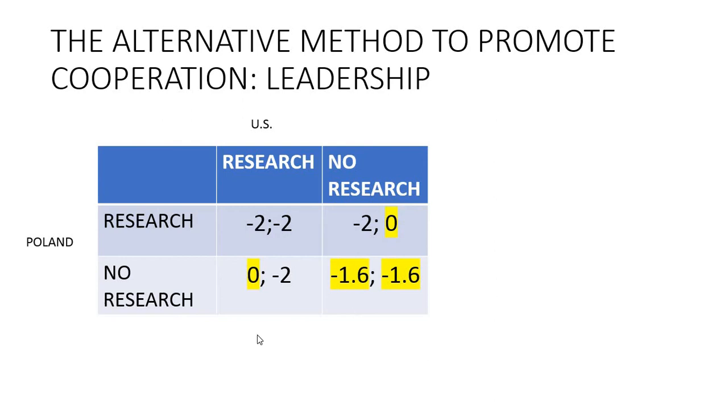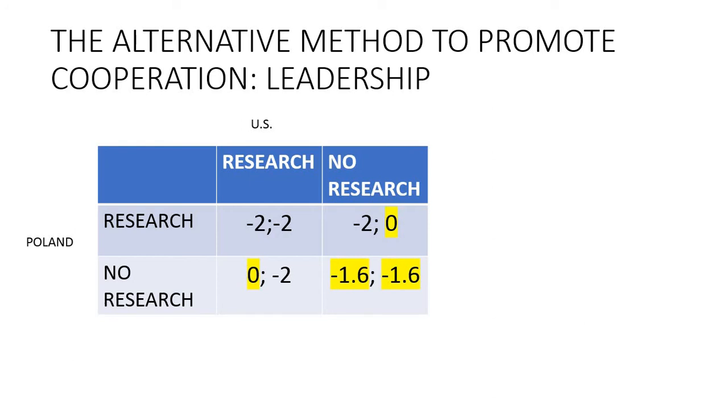However, you have to keep in mind that the US economy is of bigger size than Poland's. So if there is no vaccine for this disease, then more people will die in the United States than in Poland. Subsequently, the costs will be higher.